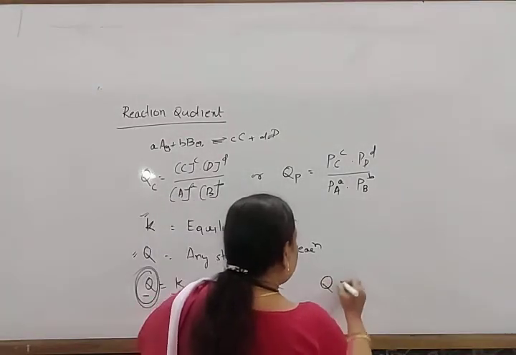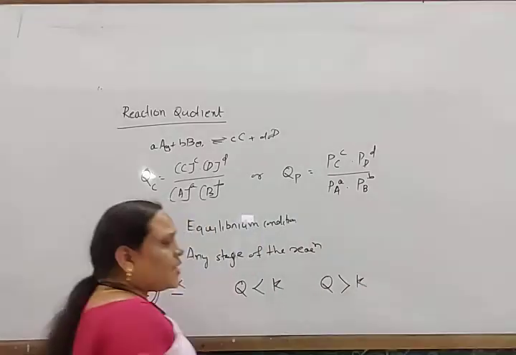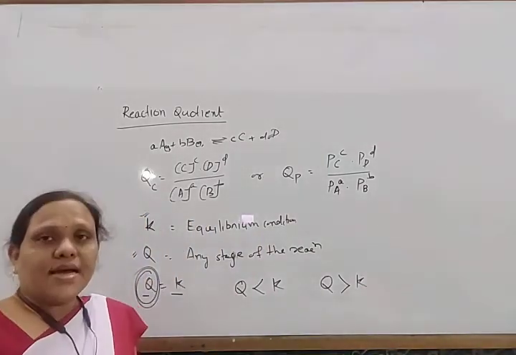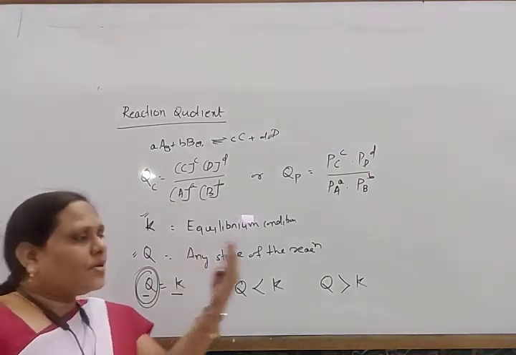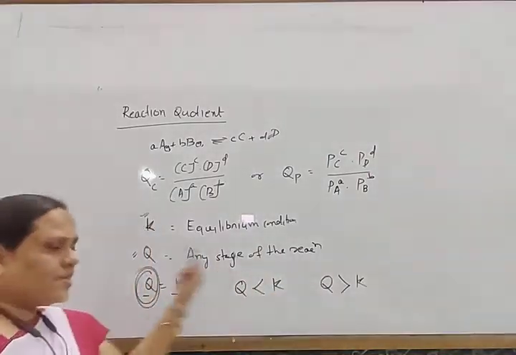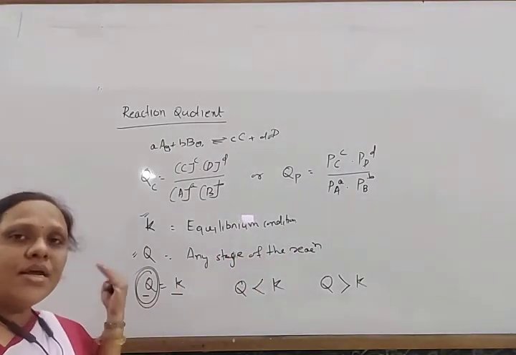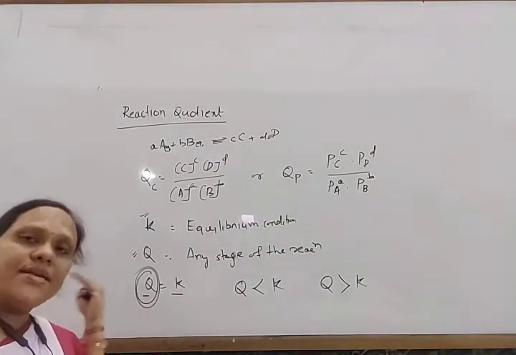Similarly, if Q is greater than K, we conclude that more amount of products are there. To achieve equilibrium, the reaction will shift backward, so that more amount of reactant can be formed.